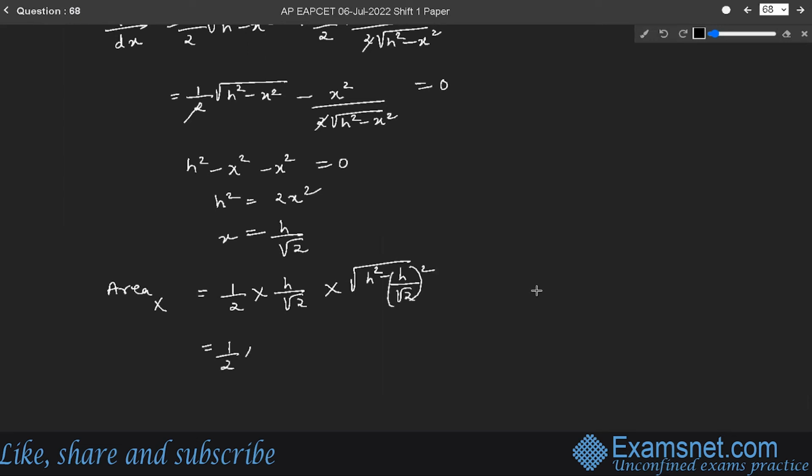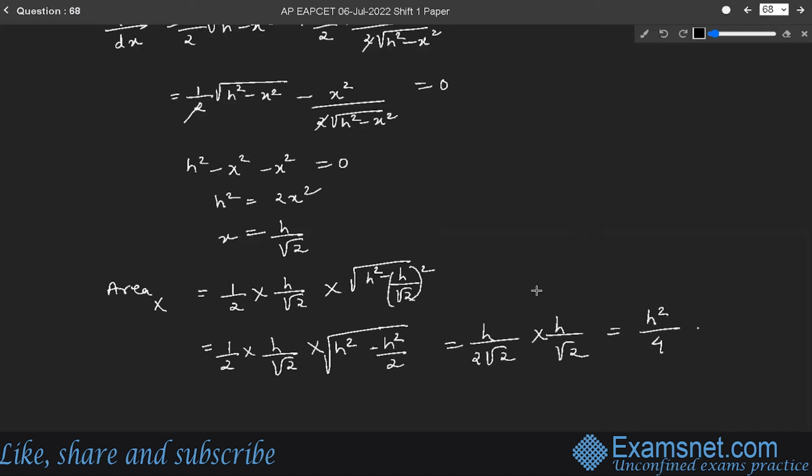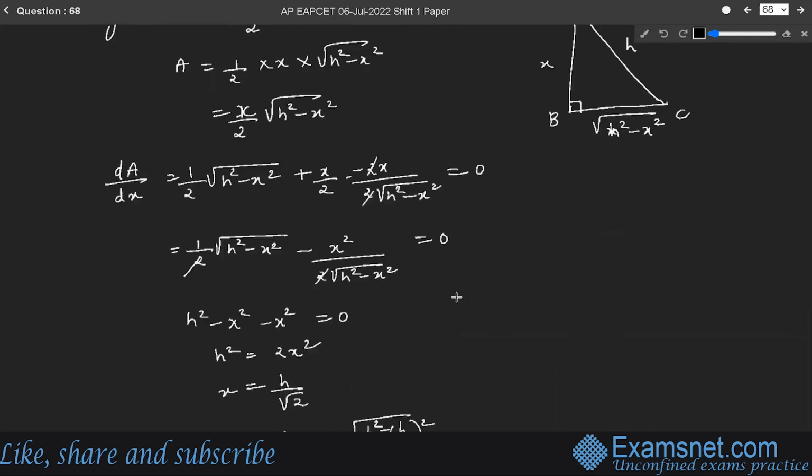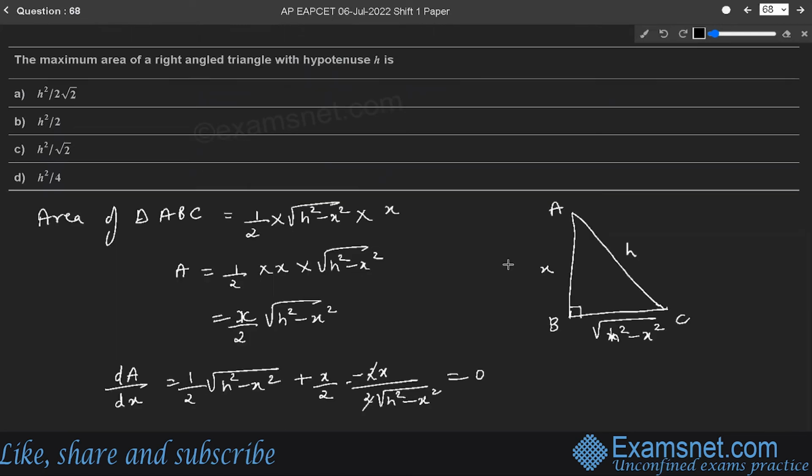So it will be half into H upon root 2 into under root of H square minus H square upon 2, which will be equal to H upon 2 root 2 into H upon root 2. So it will be equal to H square upon 4. So we can say that the area is equal to H square upon 4. Therefore, the correct option will be option number D here.